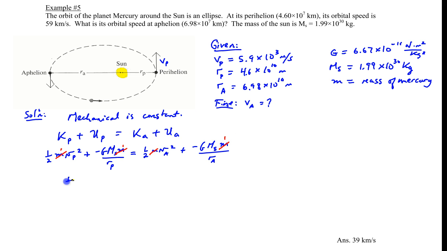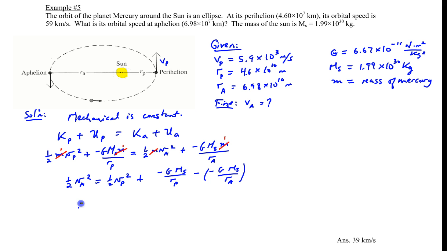If we rearrange the equation for the velocity at aphelion squared, we'll get the following expression: 1/2 the velocity at perihelion squared plus negative G times the mass of the Sun divided by r at perihelion, minus the other expression, negative G times the mass of the Sun over the radius at aphelion.